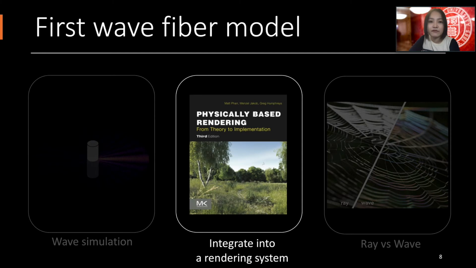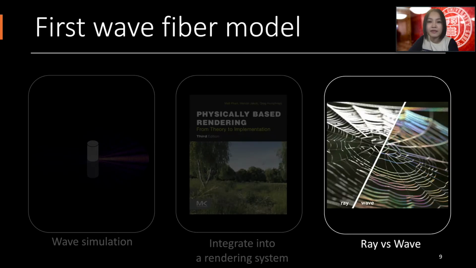We integrate our wave-based model into a modern rendering system. I will explain how we handle this integration and why the naive integration will suffer from energy issues. We demonstrate that our model can reproduce a wide range of fibers with different sizes, cross-sectional shapes, and material properties, including textile fibers, animal fur, and human hair.